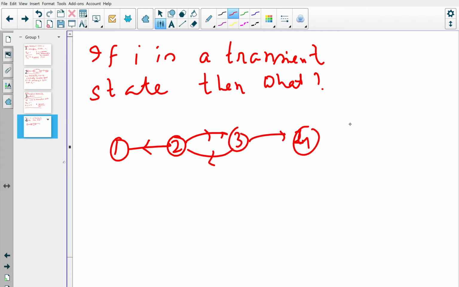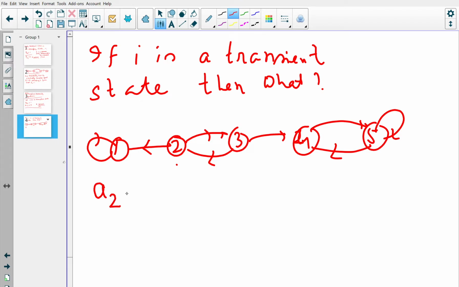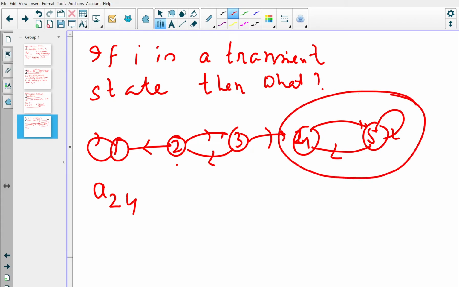Suppose this is my diagram. So suppose you start with 2, you want to know what is a24 and a25. 4 or 5 they are the same actually, because they are the single class. So you want to find the probability that from 2 you will end up with 4.